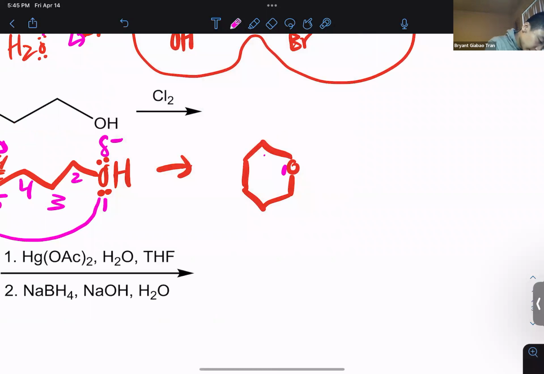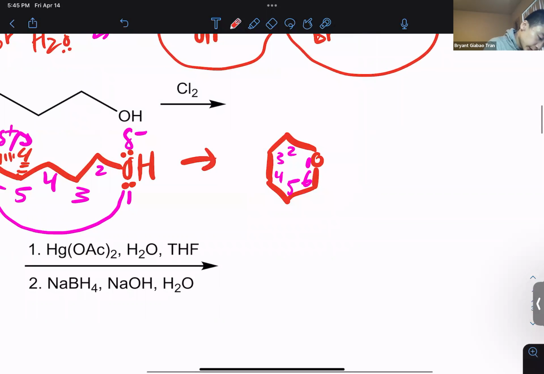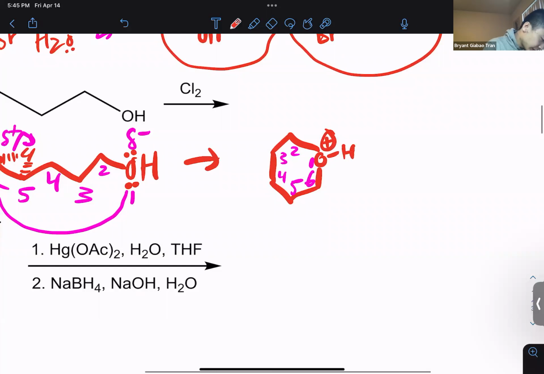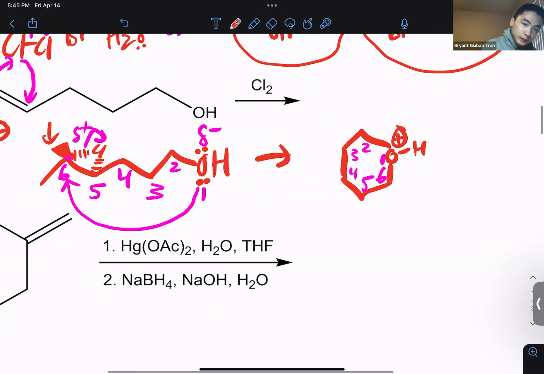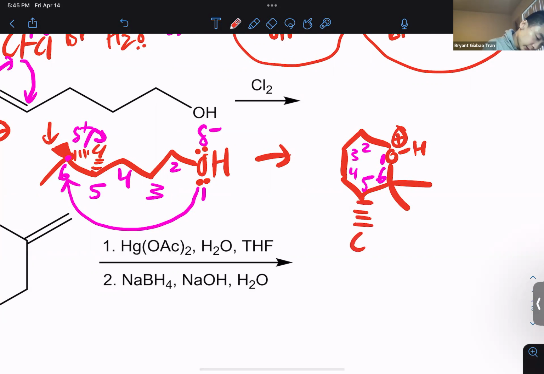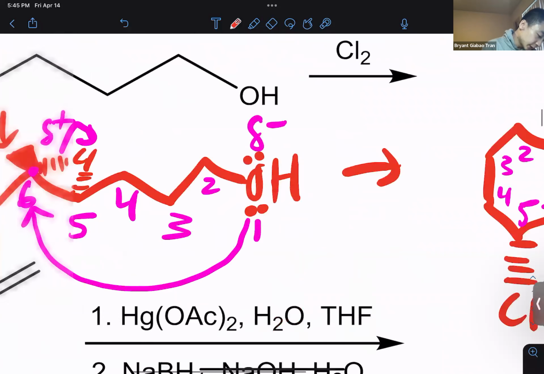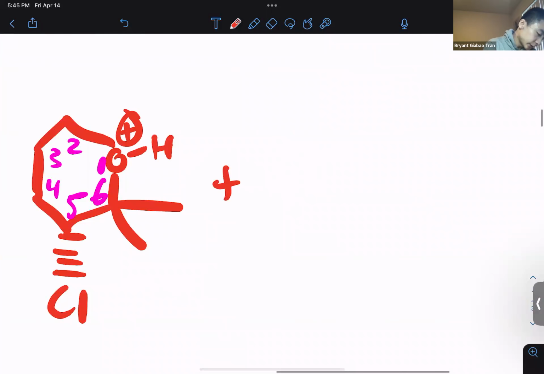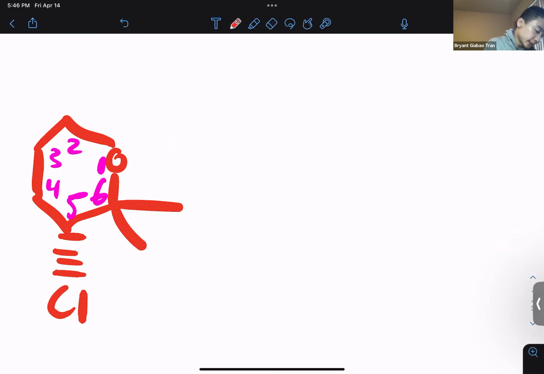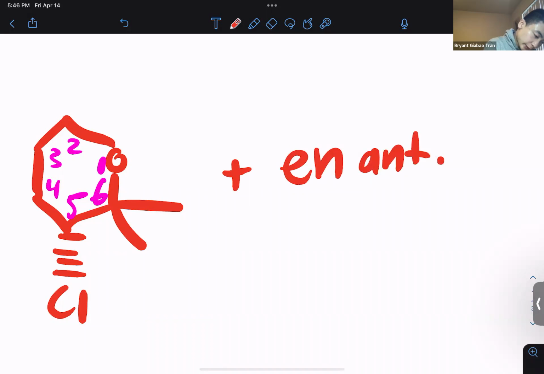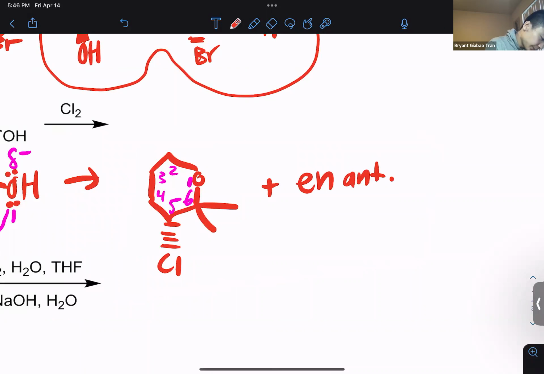So let's number this again. 1, 2, 3, 4, 5, 6. And then now we see what's attached to which group. This oxygen is still attached to the hydrogen at carbon 6. We see we have 2 methyl groups attached to that. At carbon 5, we see that we have the chlorine group here. And so the chlorine group could have also been a wedge instead of a dash, giving us the enantiomer product after we have deprotonated this OH plus with a base. So these would be our products here for that problem.